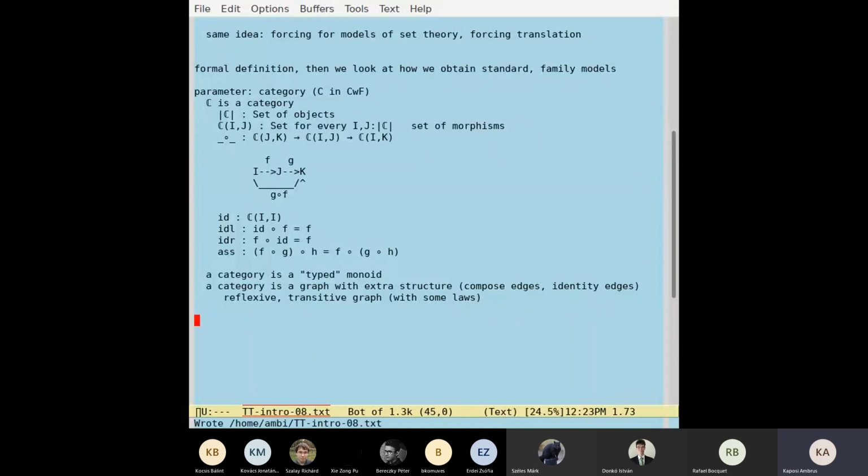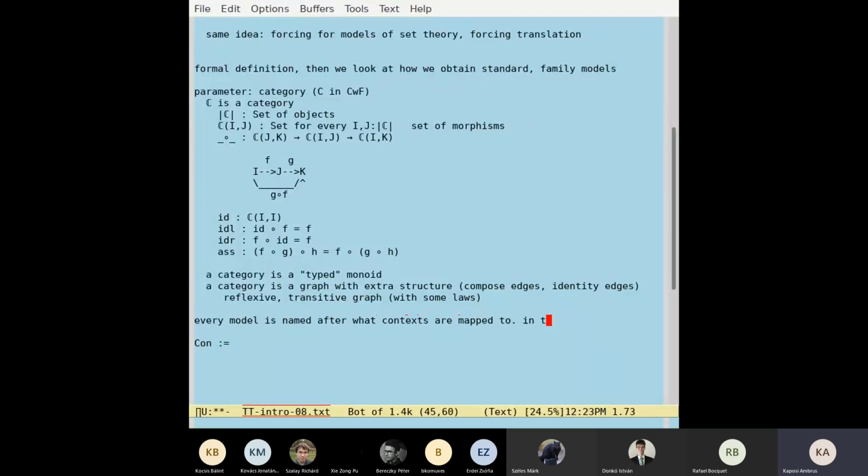and then every model is named after what contexts are mapped to. Okay, so a context in this model.